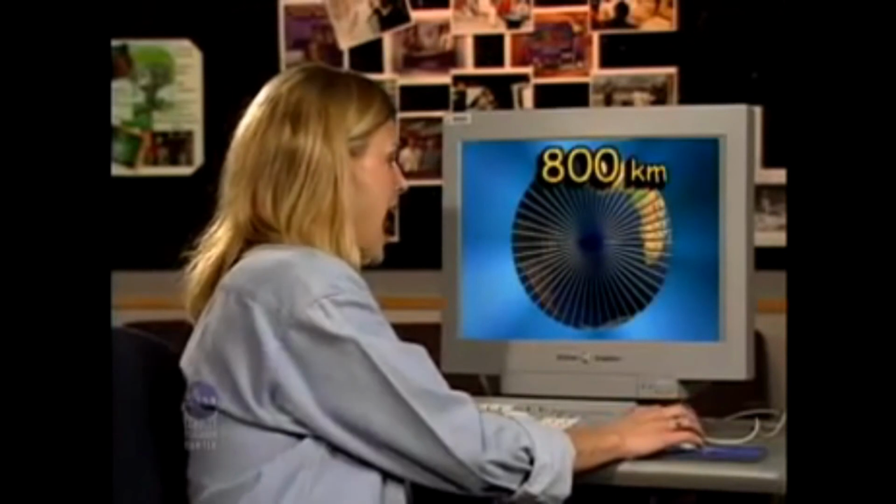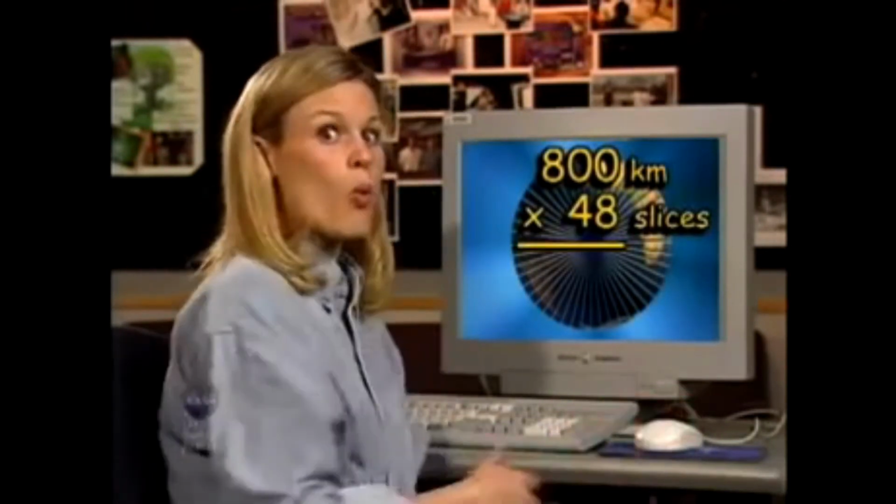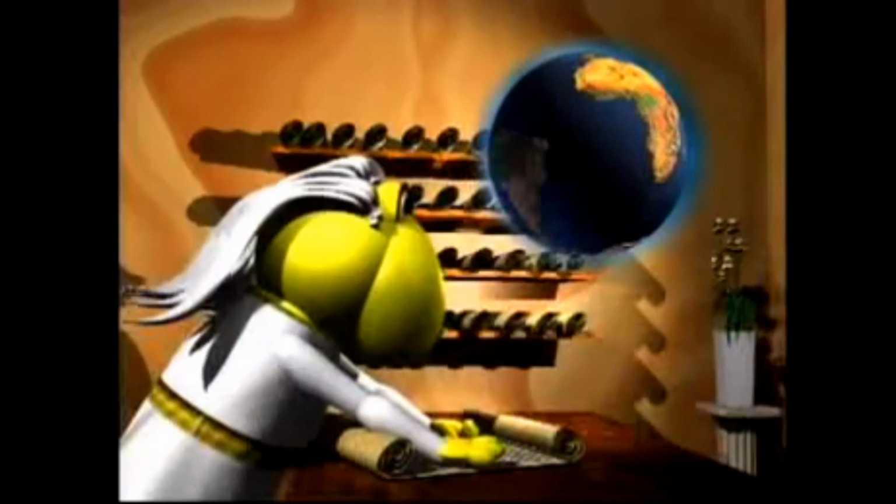Now, if you remember that the estimated distance between Alexandria and Syene is 800 kilometers, and you multiply that distance by the number of slices in the Earth, 48, what is the circumference of the Earth? Well, if you estimated that distance to be 38,000 kilometers, you're absolutely right.